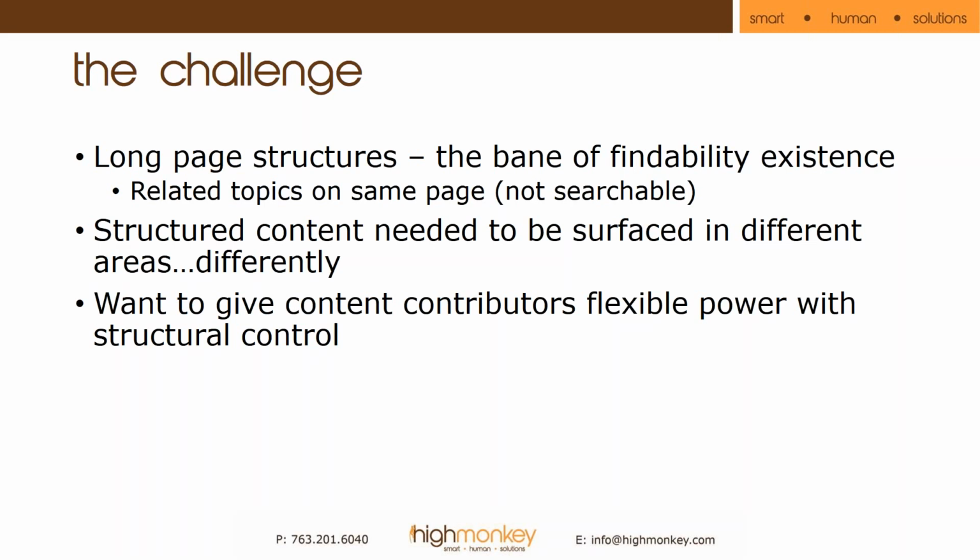If I had an About Us page with an area about the way we give back to the community, an area about our team, and an area about the services we offer, and somebody searching on a particular service we offer came to that About Us page, the search result might say About Us, HiMonkey is a really cool company, yada, yada, yada, but nothing about our services because that's buried further down the page.